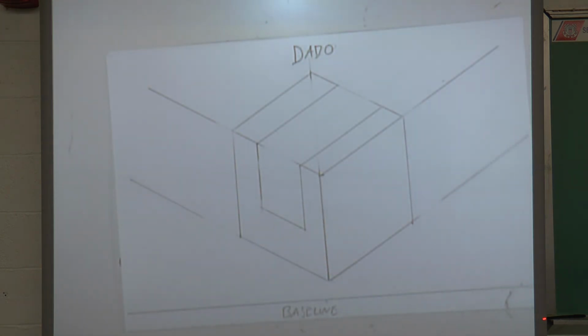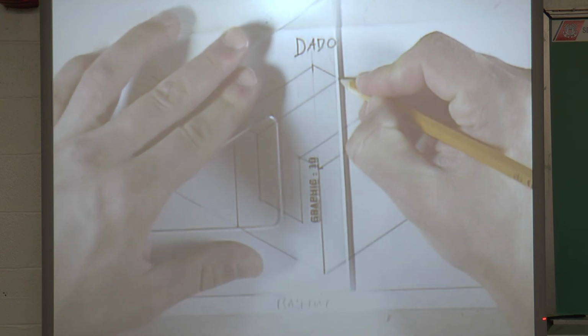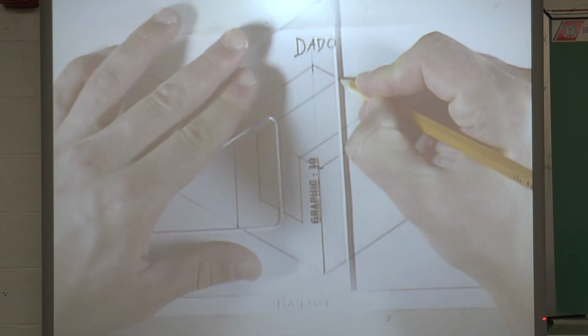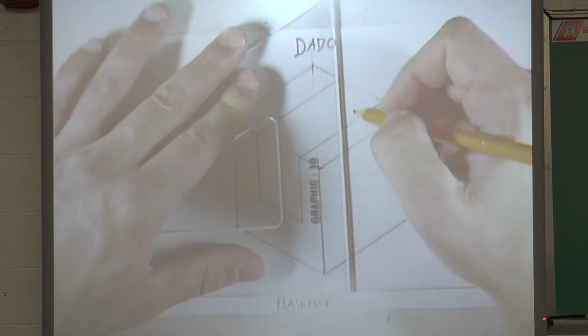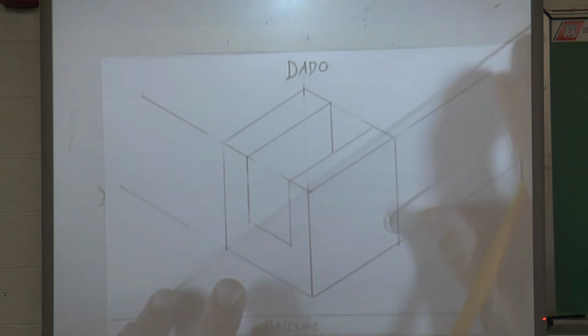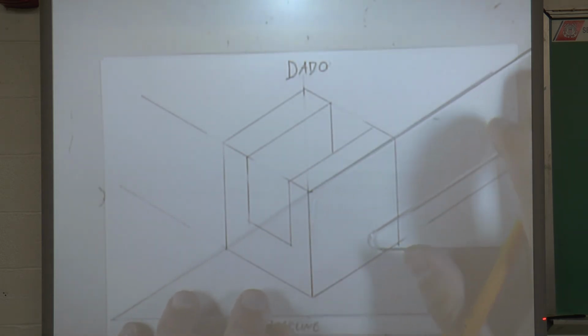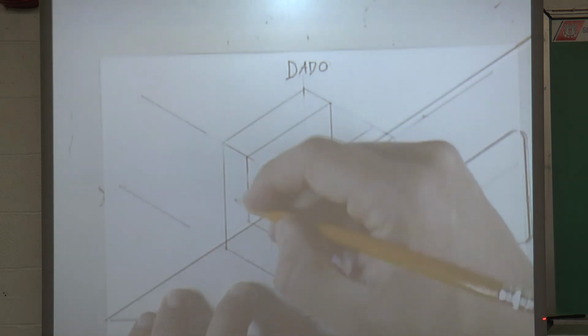Once you have finished erasing, I'm going to put in my back line, and then I'm going to put in this line down here, always putting the base of my triangle on the baseline.